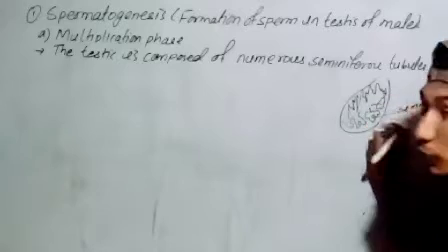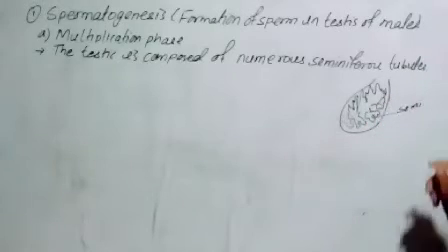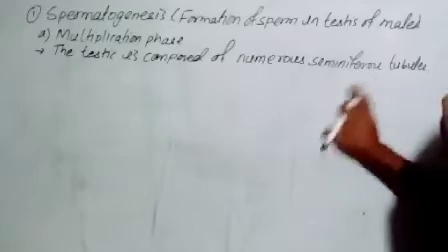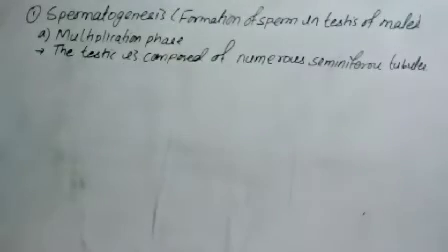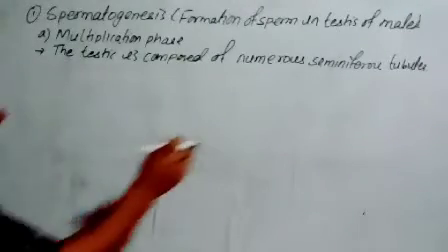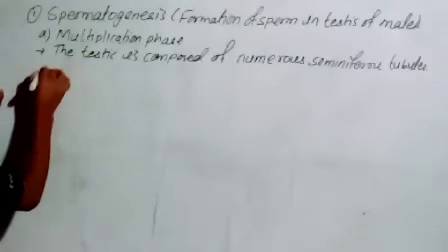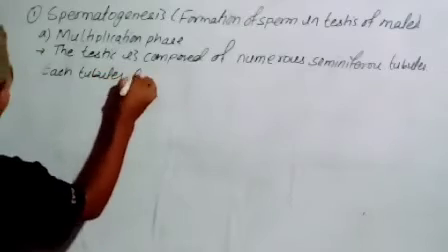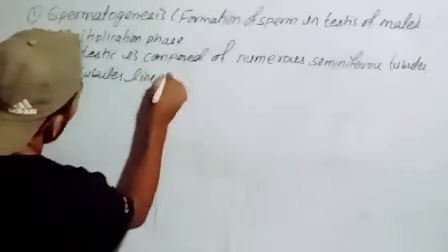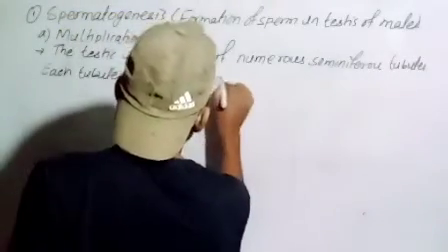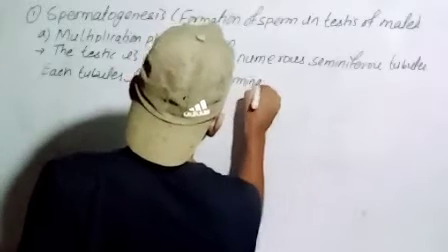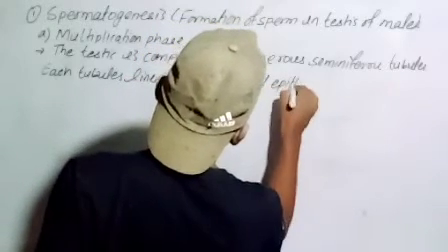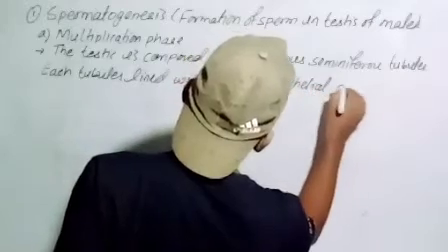These are called seminiferous tubules, and each tubule is lined with germinal epithelial cells.